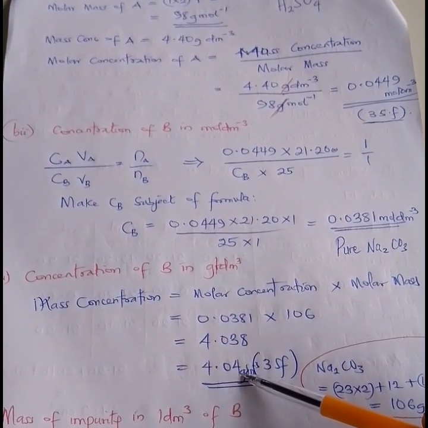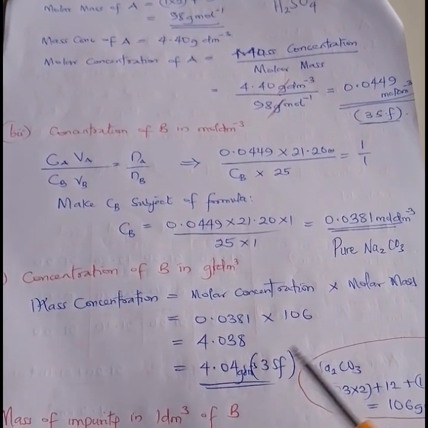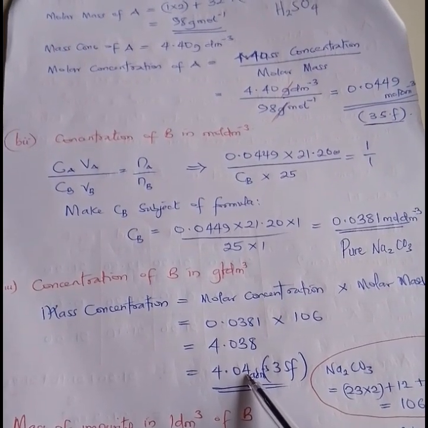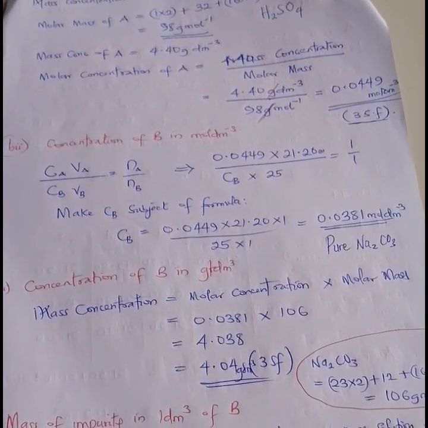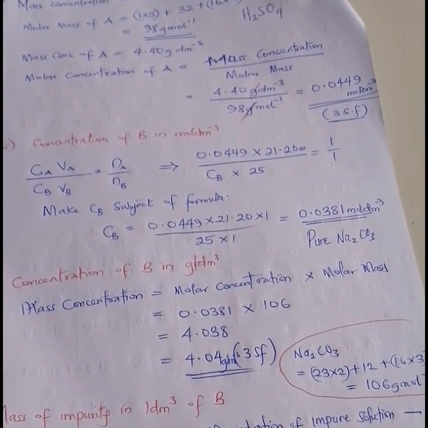That's for the pure. Now to get the mass of the impurity, we're going to subtract the mass of pure from the mass of the impure solution. So we say the mass concentration of the impure solution minus the mass concentration of the pure.